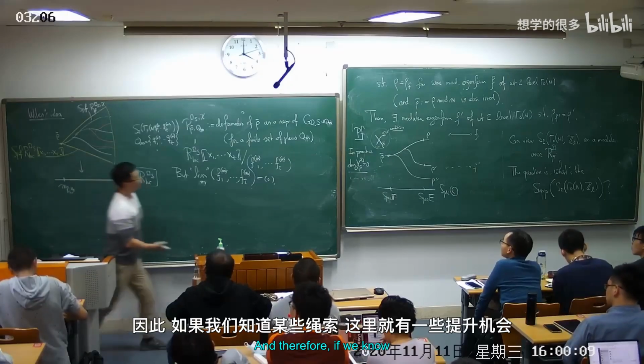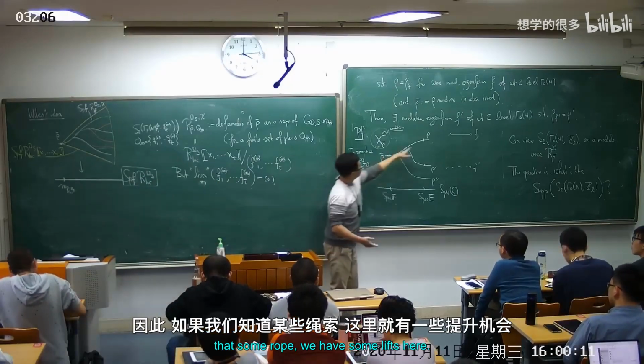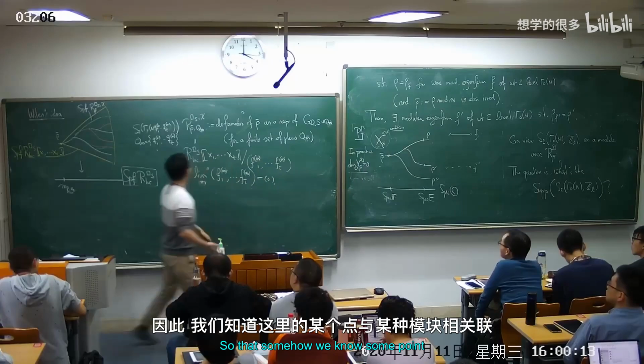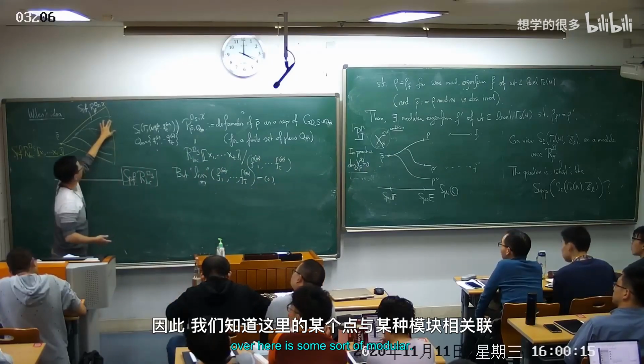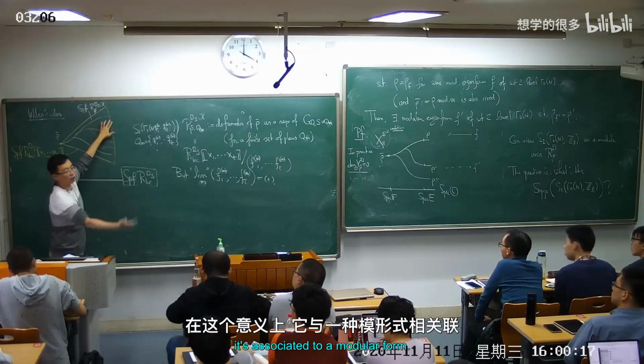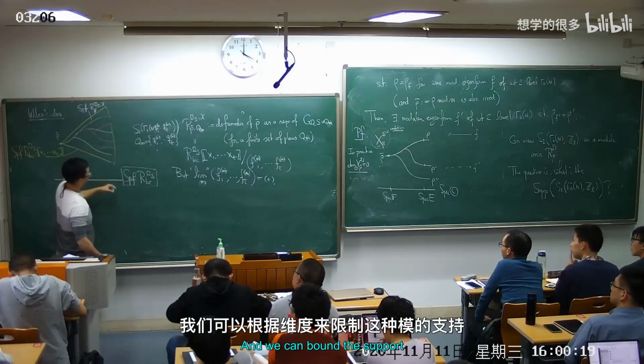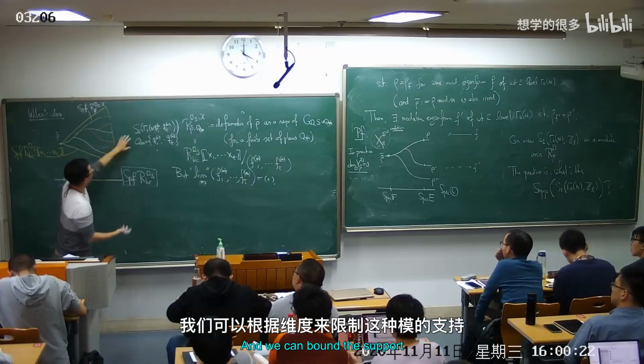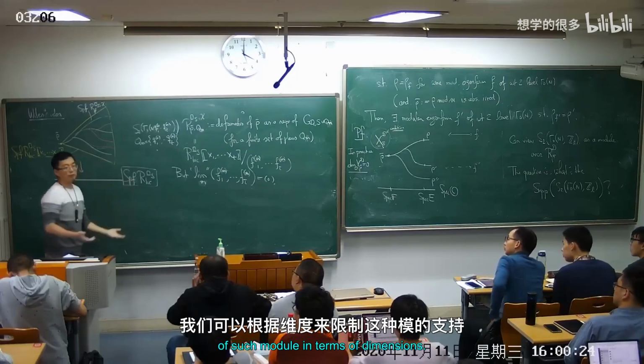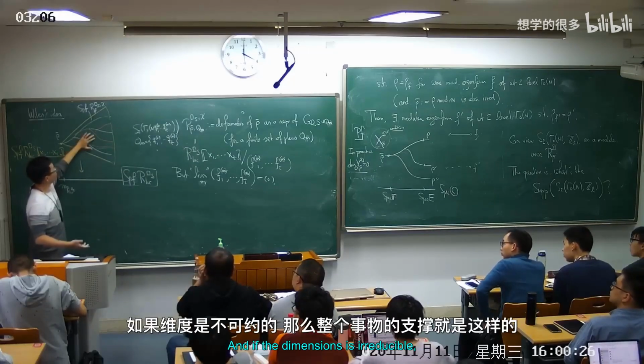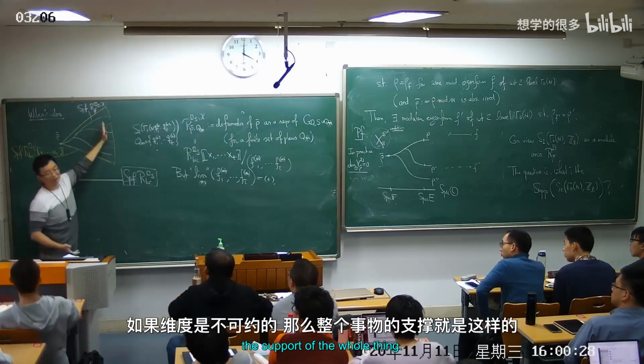And therefore, if we have some lifts here, then somehow we know some point over here is some sort of modular, in the sense it's associated to a modular form. And we can bound the support of such a module in terms of dimensions. And if the deformation space is irreducible, the support must be the whole thing.